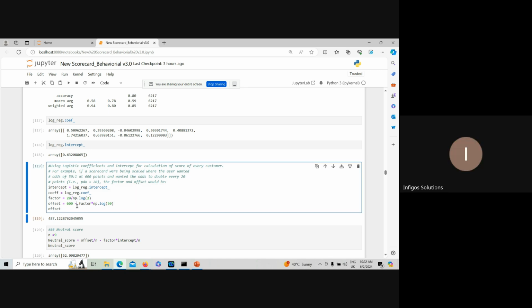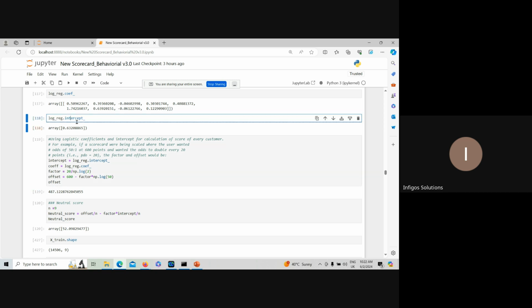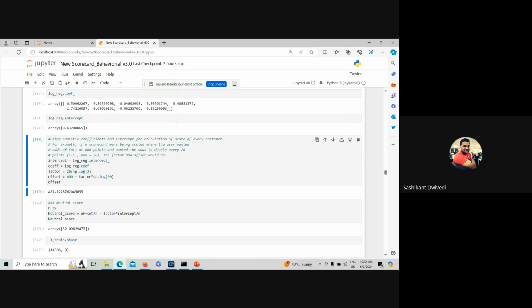Yes, block number 118, 119. So this is the intercept and this is the coefficient.